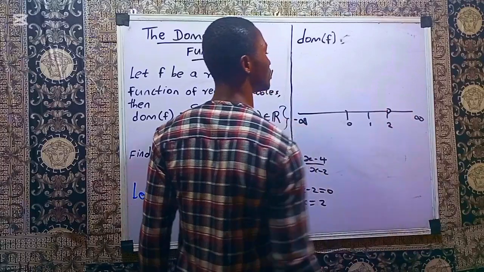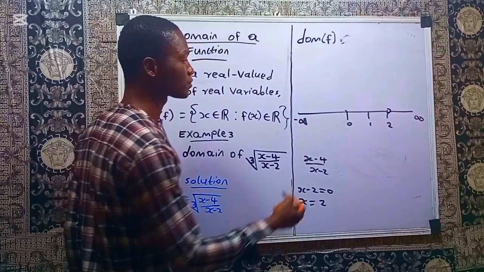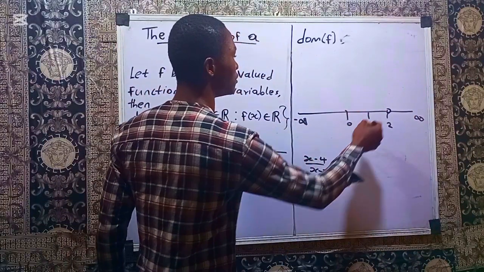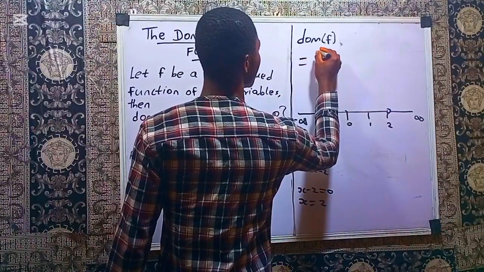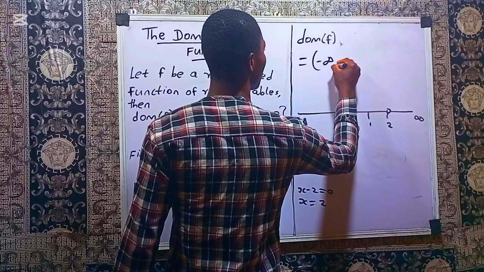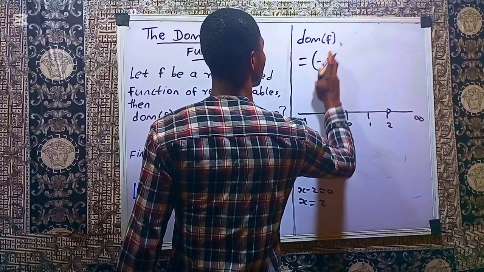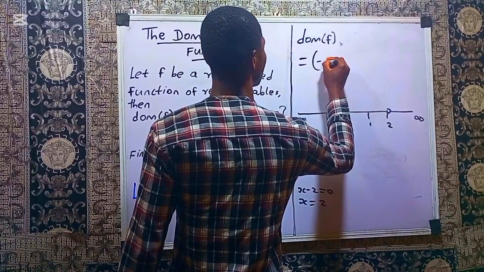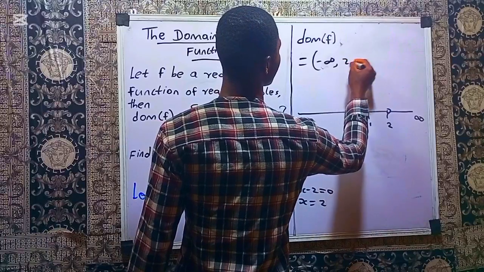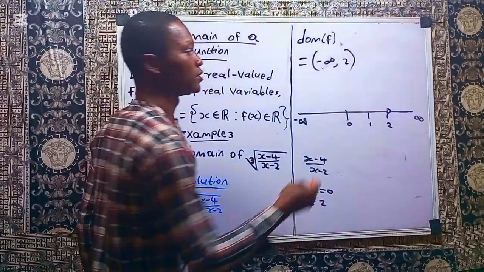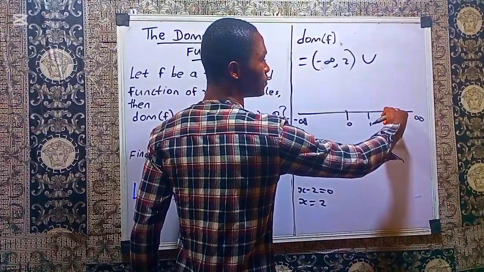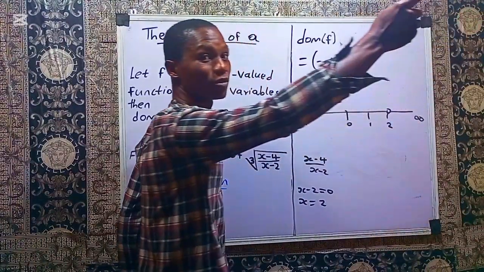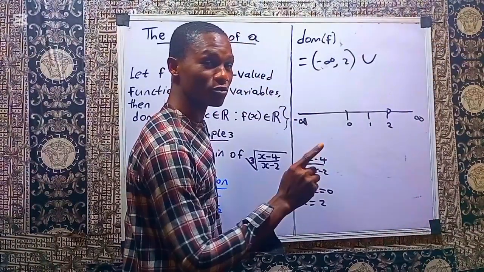If you remove 2, then you are going to have numbers from here to here, right? So we consider negative infinity comma 2, right? Then union, we now do this side from 2 to positive infinity, but 2 is the one we are removing.